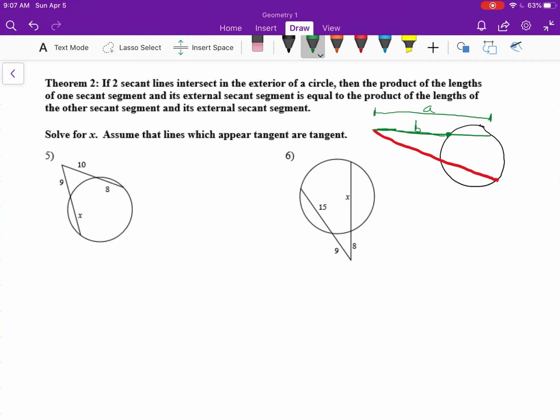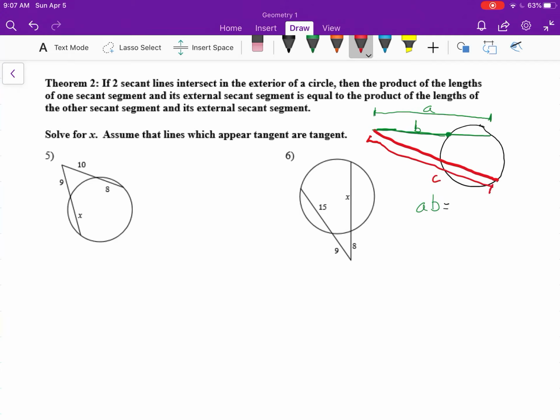So A times B, the entire secant segment times the external part, is going to be equal to, and it's the same concept, the product of the lengths of the other secant segment and its external segment. So once again, we want to look at the whole thing.